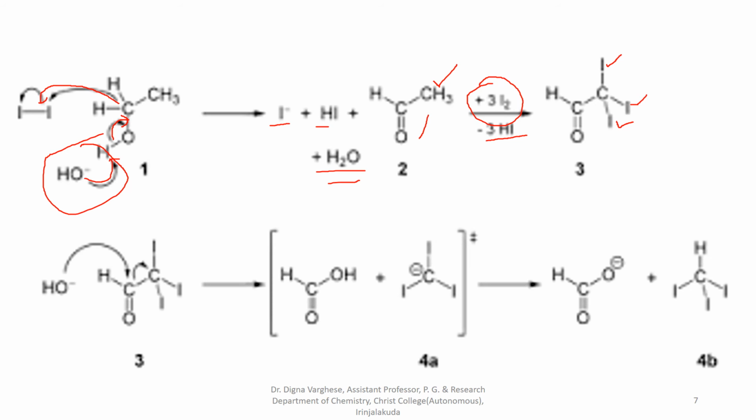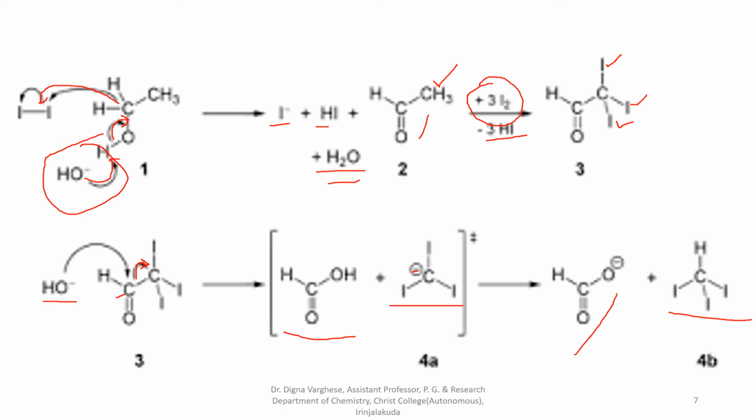And here the alkali attached to this carbonyl carbon, and this will be shifted to this, forming HCOO minus and CHI3. Here, a negative charge on CI3, the electron is shifted this way and it breaks to form CI3 minus, here HCOOH. Formic acid is formed.